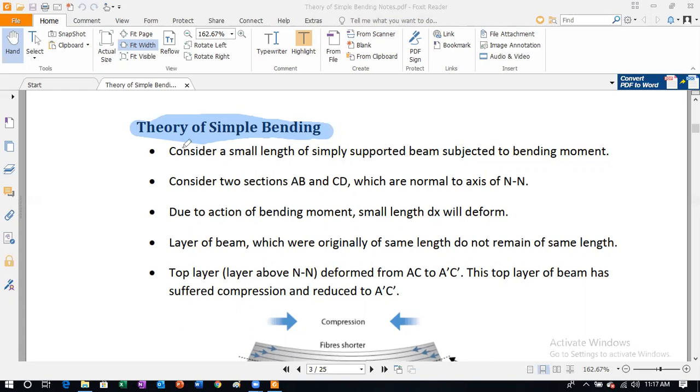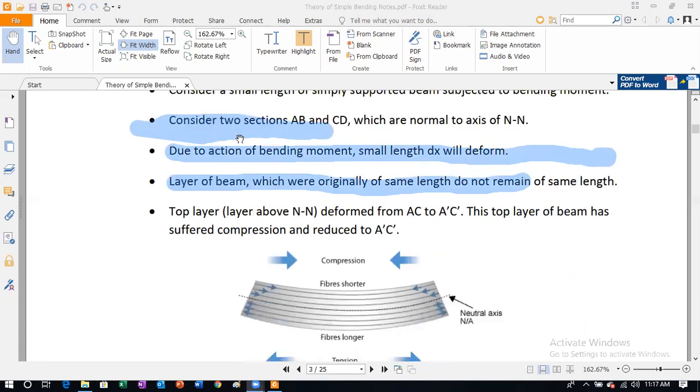Right. For that, we will consider a small length of a simply supported beam subjected to a bending moment, and consider two sections AB and CD which are normal to the axis NN.